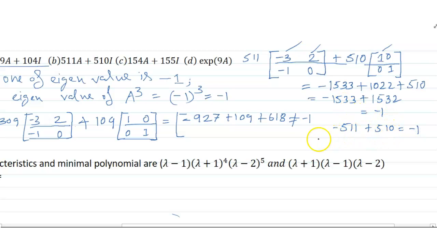So we can get eigenvalue. In this case, we get eigenvalue is -1.